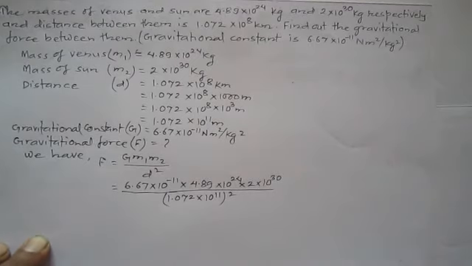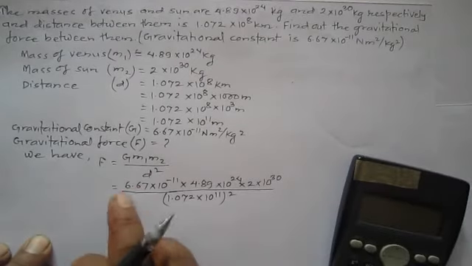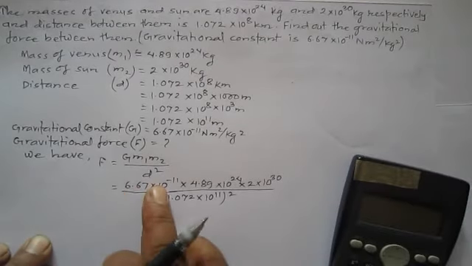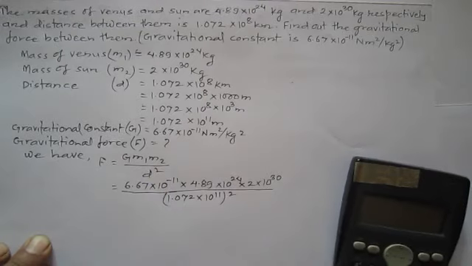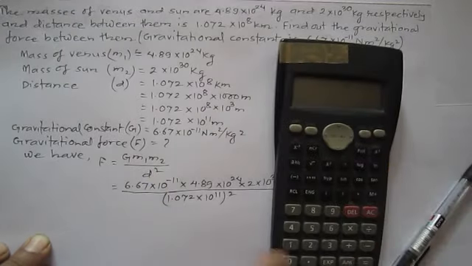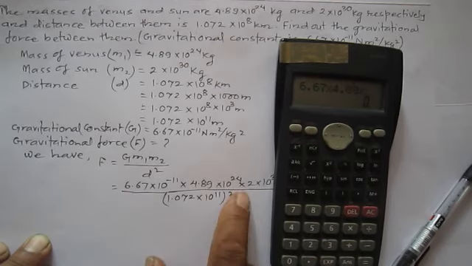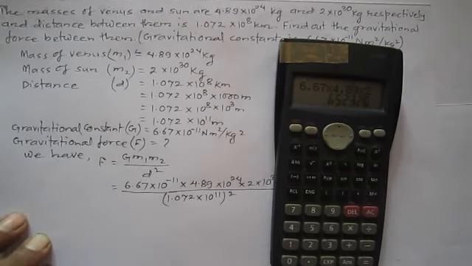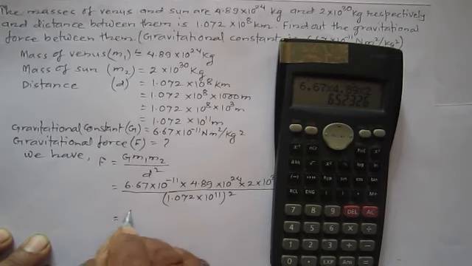Now we have to multiply number with number, and the power of 10 with the power of 10. I'm going to multiply 6.67 into 4.89 multiplied by 2, which is equal to 65.2326.